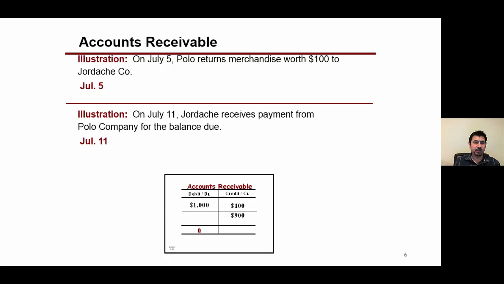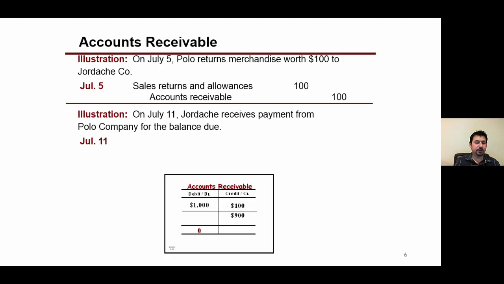On July 5th, Polo returns merchandise worth $100 to Jordache Company. In this case, the customer has returned sold merchandise for the value of $100. As a result, the company will need to use the contra revenue account, sales returns and allowances, and they also need to credit accounts receivable in order to decrease it.